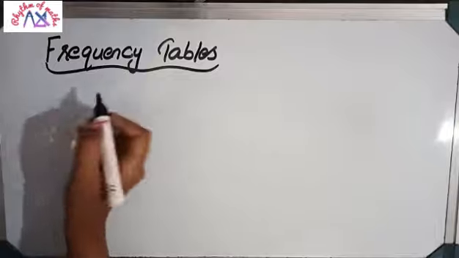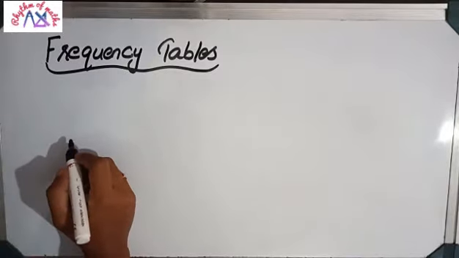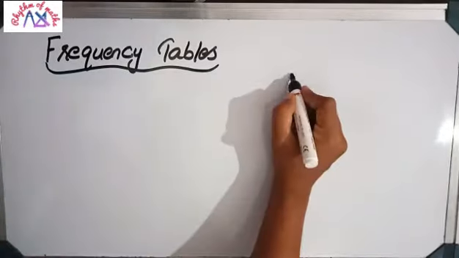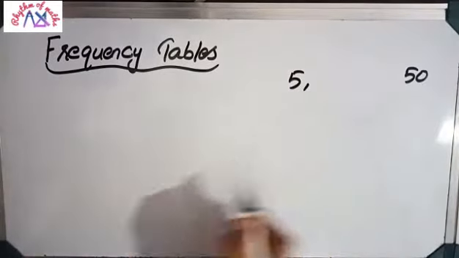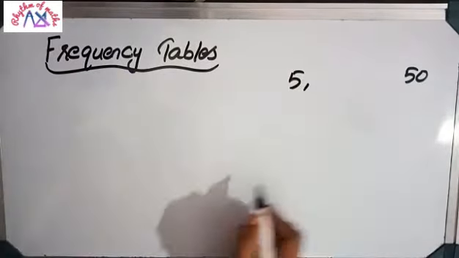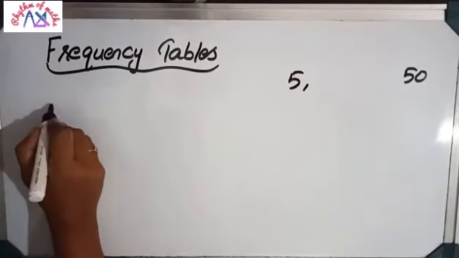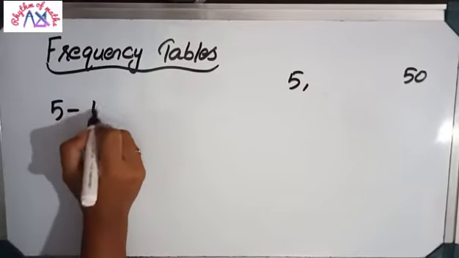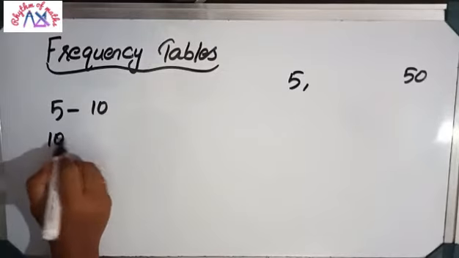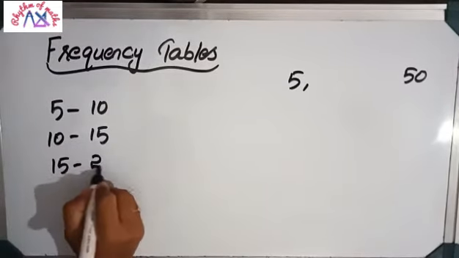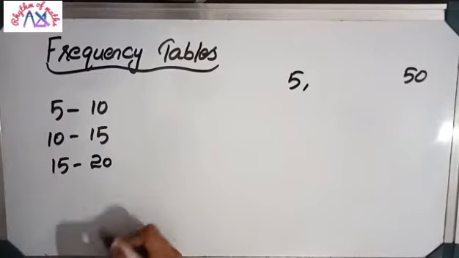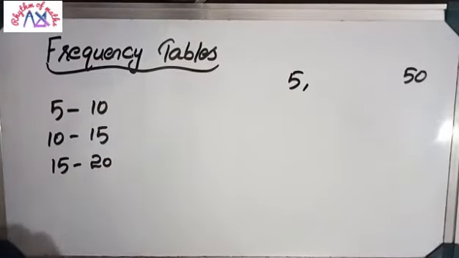That means to draw the histogram, we will consider, for example, if 5 to 50 numbers are there, in total so many numbers, then we will consider the data as 5 to 10 how many numbers, then 10 to 15 how many, then 15 to 20, like that we will arrange. This is known as frequency tables.